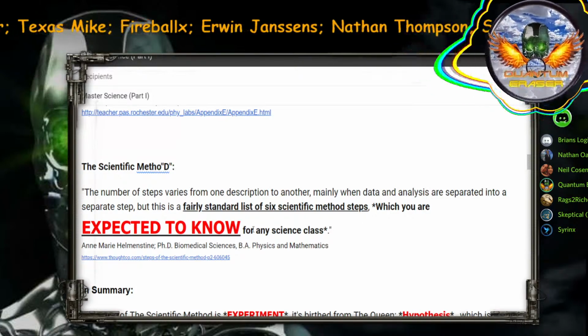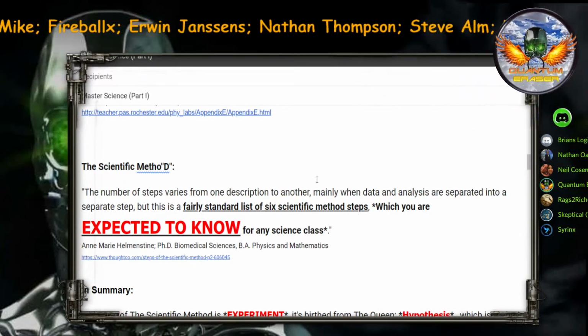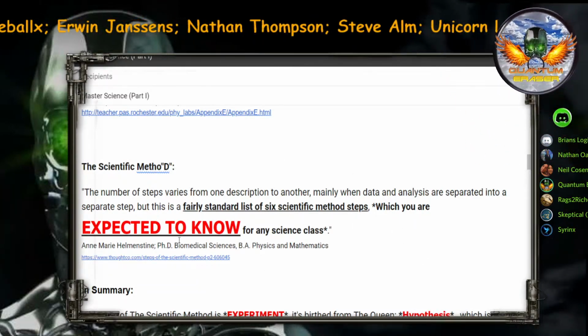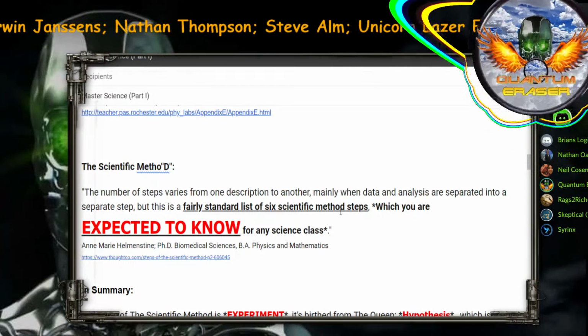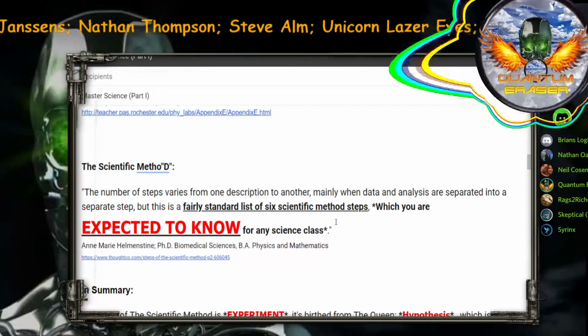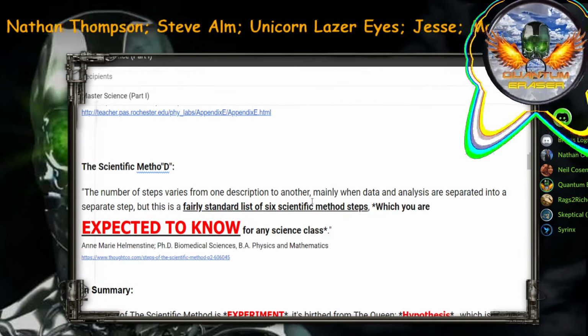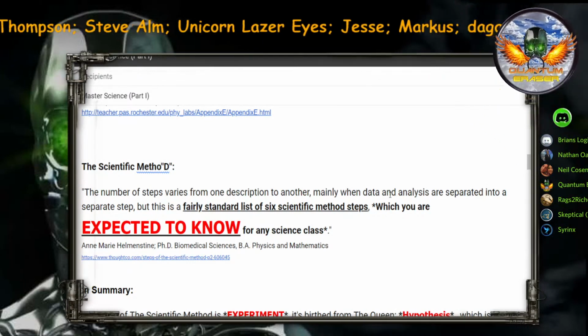And you're expected to know these for any science class. Where were you, or when were you expected to know these so you would know them for any science class, even university science class, right? You are already expected to know. I don't remember one class at university that went over the scientific method. Not a single time. They expected you to already know it.